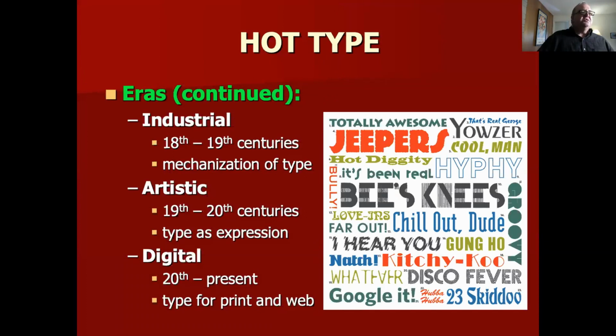We also have the industrial era of type, which was the 18th and 19th century. Then the artistic period from the 19th and 20th centuries, which was when type started to be used as a type of expression. You look at all the different types of type in that box to the right. You can see that all of these different typefaces express a certain kind of feeling or emotion.